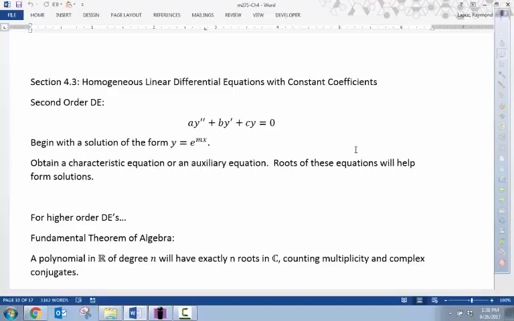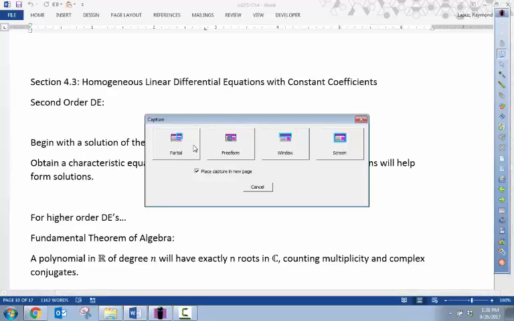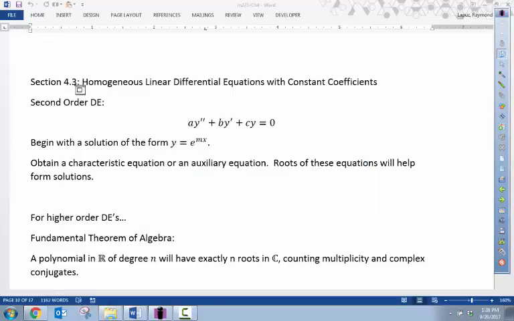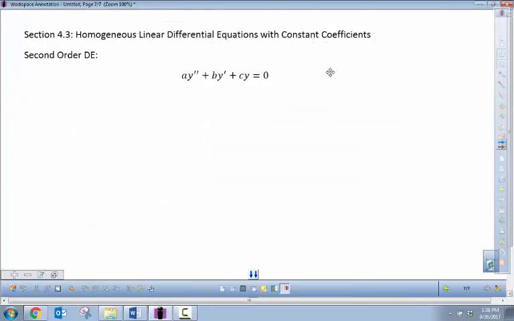So our focus now is going to be on homogeneous differential equations with constant coefficients. And the process for doing this, and we'll see that this will become like a recipe or algorithm, is that we're going to assume that your solution is an exponential function. y is equal to e to some power.